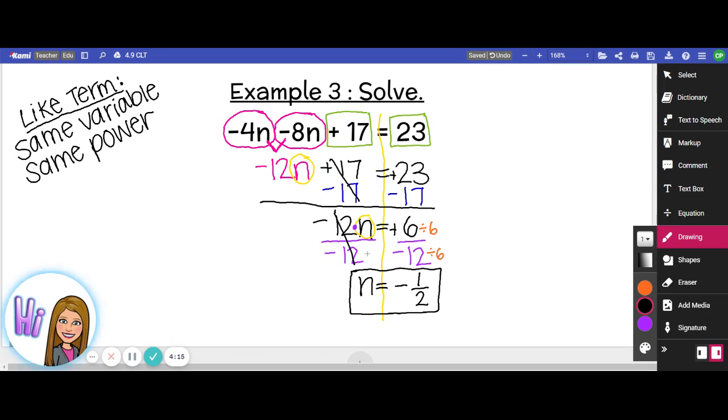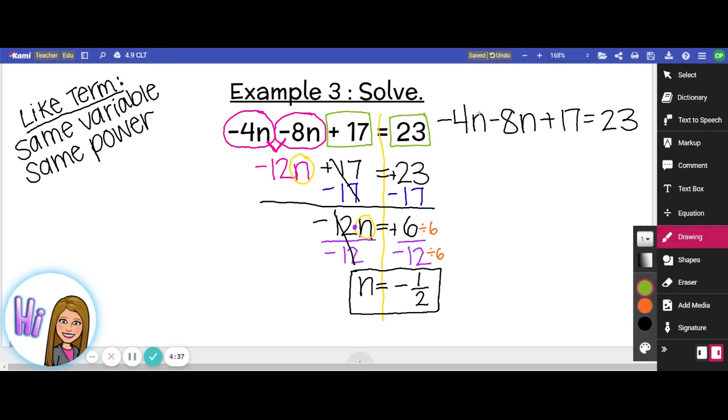So we're going to go back and check this, but this one's going to be kind of tricky because we've got to put in a negative 1/2 wherever we see our n term. I'm going to rewrite our equation: negative 4n minus 8n plus 17 is equal to 23.